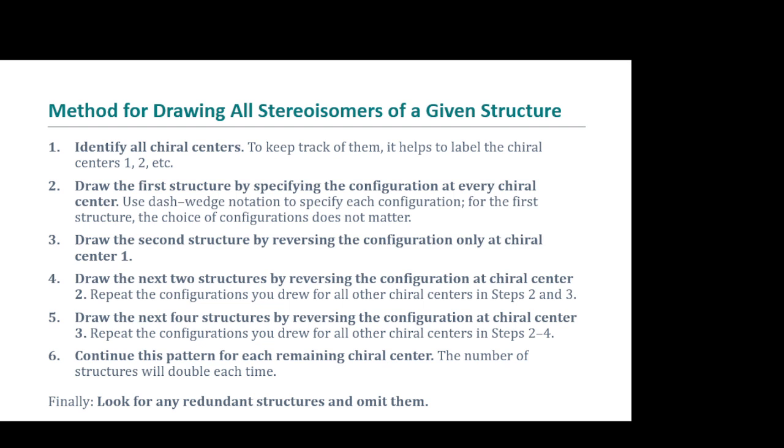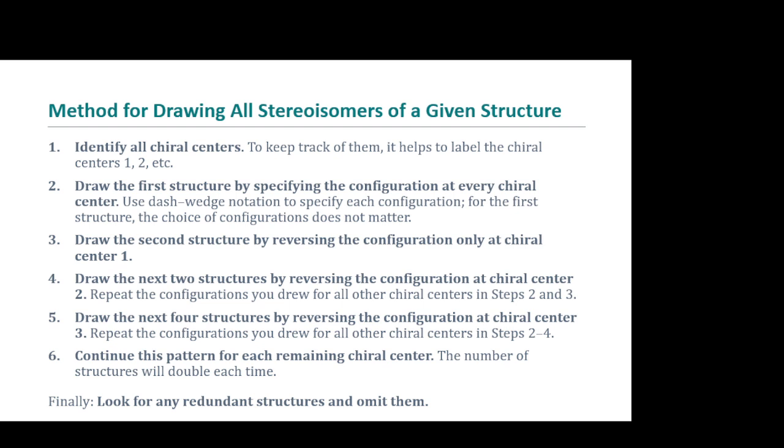If you have to draw them all out, you can refer back to these directions, okay? It will help you structure it. And then you will continue this pattern for each remaining chiral center. The number of structures is going to double each time, so keep that in mind. Every single chiral center you draw out, you're going to end up doubling your entire structure set.